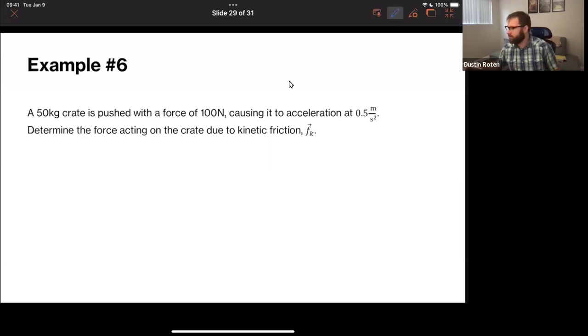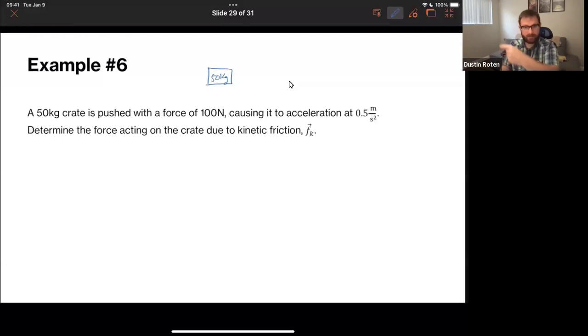All right, so let's look at two examples and then we're going to call it a day. So if we have a 50 kilogram crate, and we're pushing it with a force of 100 newtons, and we're causing an acceleration of 0.5 meters per second squared, let's determine the force acting on the crate due to kinetic friction. Usually it's a good idea to draw a quick picture. So we have a 50 kilogram crate.